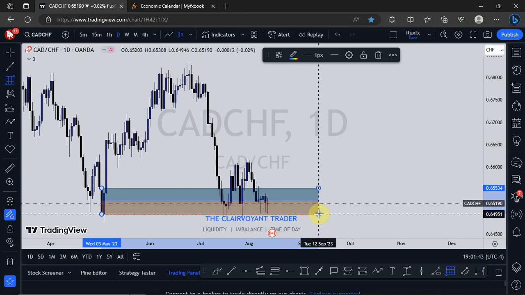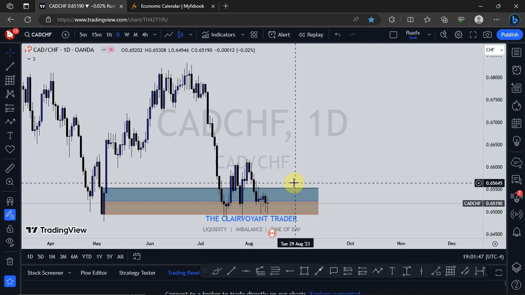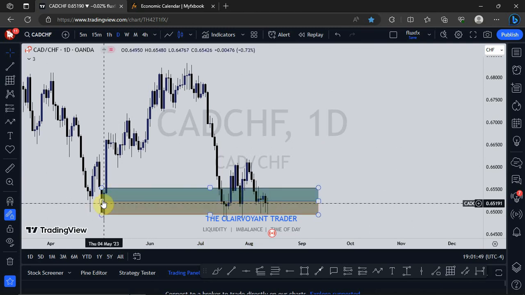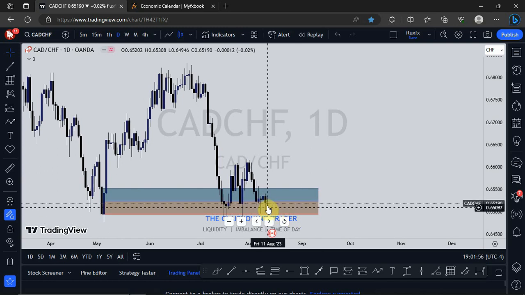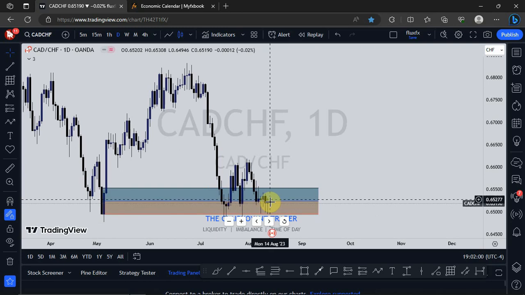That is going to tell me what I should expect. If you look at the range of this order block, realize that even though price is in a discount zone, it is still close to the equilibrium.